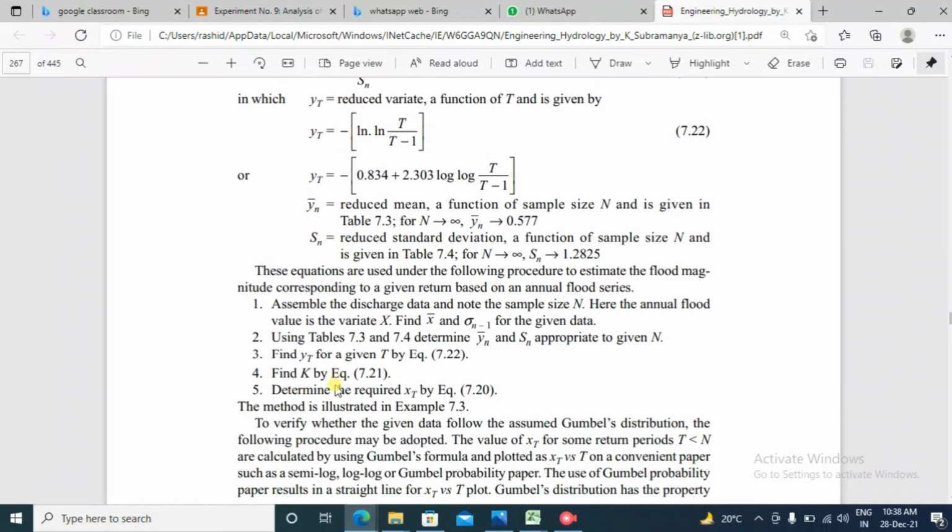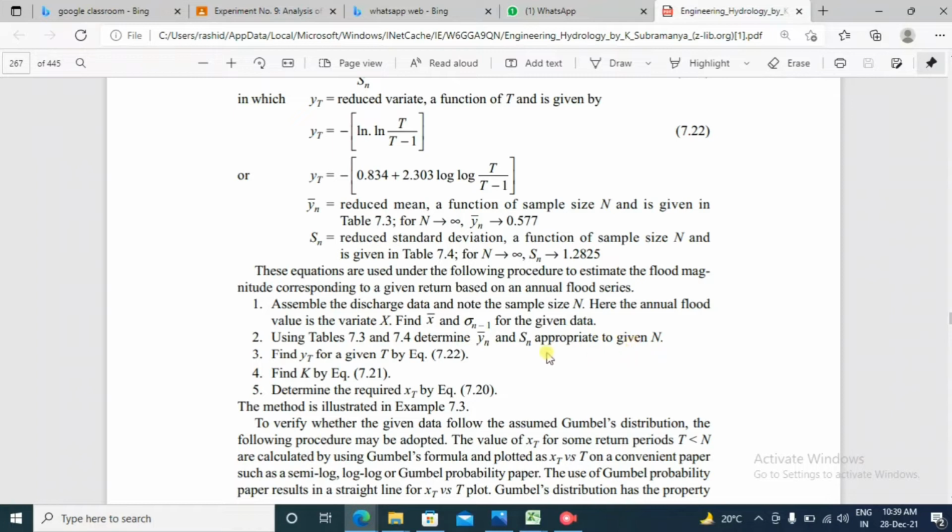So what will be our steps? The first step will be to assemble the discharge data and note the sample size n. Here the sample size is a total of 21 years. With the annual flood values as the variate x, find x bar and sigma n minus 1, which we will do with the help of Excel. Using tables 7.3 and 7.4, we will take the values of y bar n and Sn.